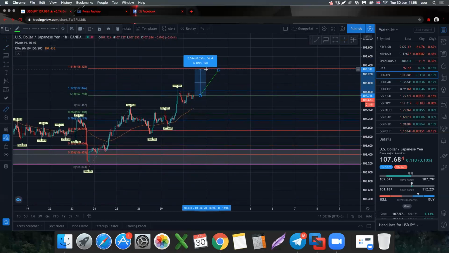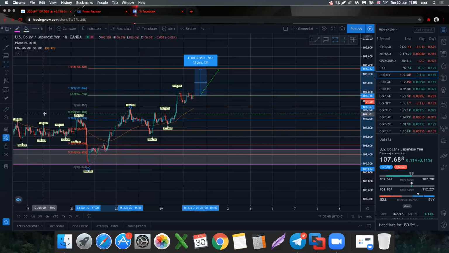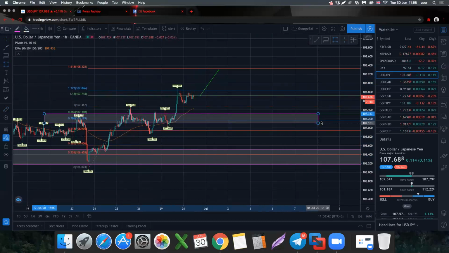to here, it's 60 pips, okay? If you want to get in right now on USD JPY, you're going for 60 pips, and I would put the stop loss here or here on this level, somewhere between these two levels, okay?